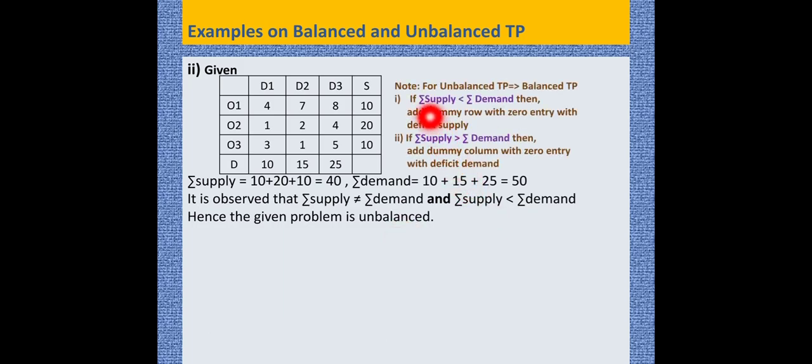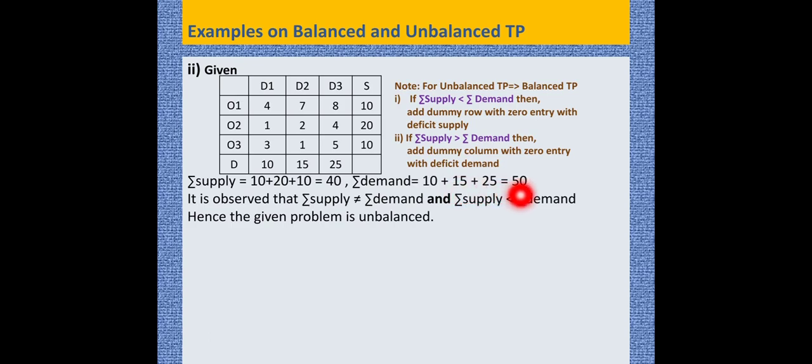So if supply is less than demand, then we need to add a dummy row with zero entry with deficit supply. Deficit supply means what? Here supply is 40. 50 minus 40 is nothing but deficit supply. You need to add a dummy row and you need to add 10 here, so that 40 plus 10 will be equal to 50, and then it becomes equal to demand.